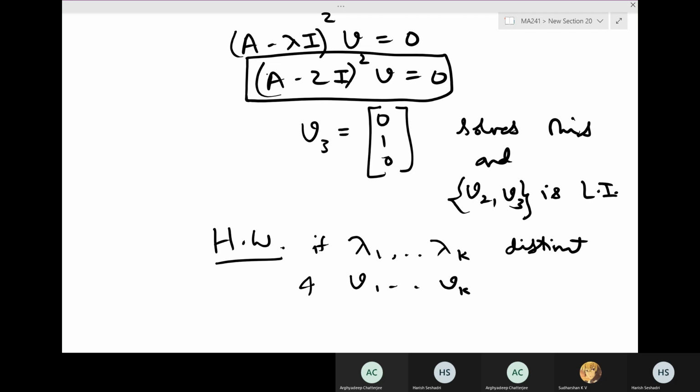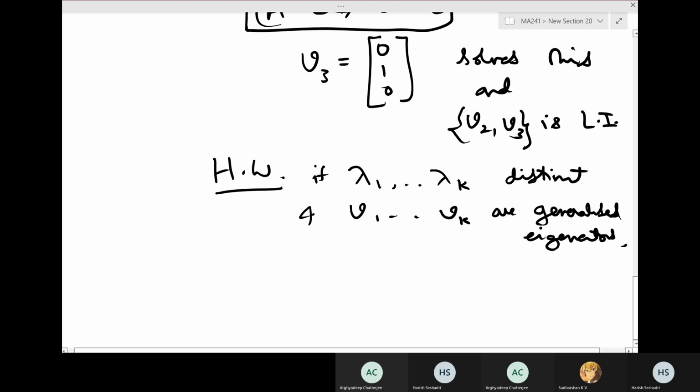Oh, that's okay. So what you're saying is that that would prove that if you have a generalized eigenvector, it can't be a multiple of V1, for instance. Yes, but I'm making a more general statement here. I'm saying that if you have k distinct eigenvalues and V1 up to Vk are corresponding generalized eigenvectors, then notice that the power, which I already called k, might vary across V1 up to Vk.